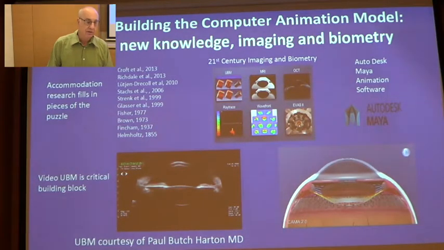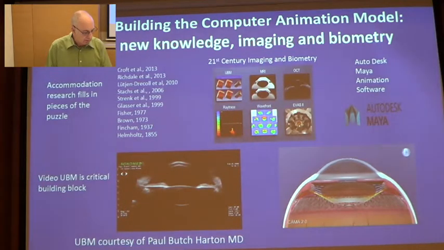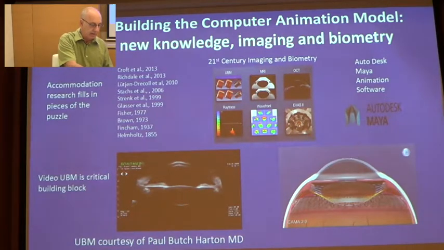After the model is constructed in accommodation and in disaccommodation, then Autodesk Maya is able to create the animation, and the final details are generated by Adobe After Effects.